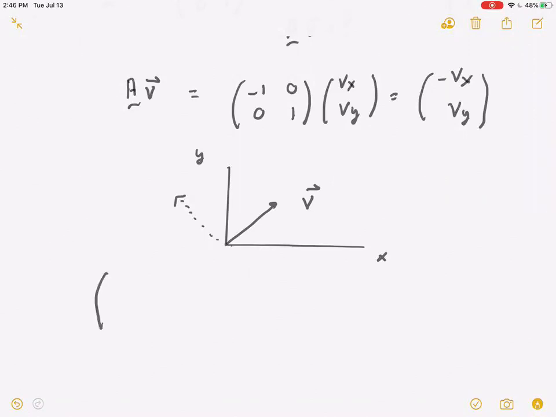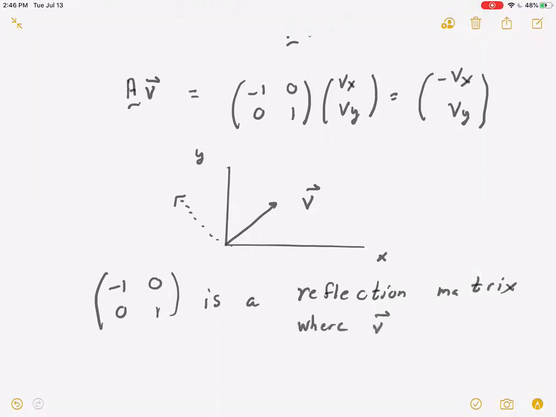So this, in example 4, is a case study of a reflection matrix where V is reflected through the positive J hat axis.